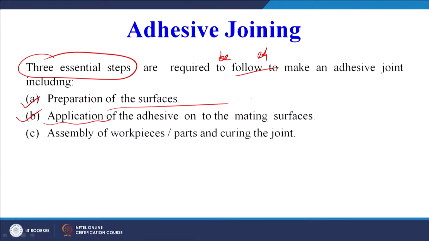So that is the application of adhesive. Another point I must add here is the selection of the adhesive is also equally important. Once we have selected the adhesive properly, then we have to apply that adhesive on the two surfaces to make the bond. Third step is assembly of the workpieces, parts and curing of the joint.